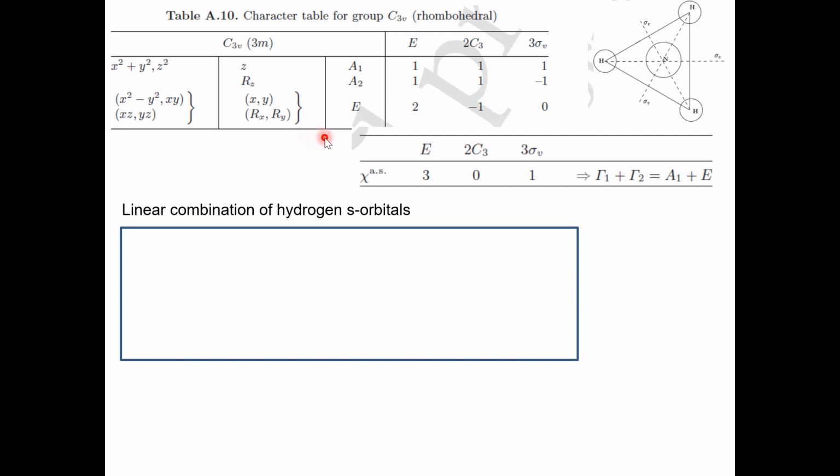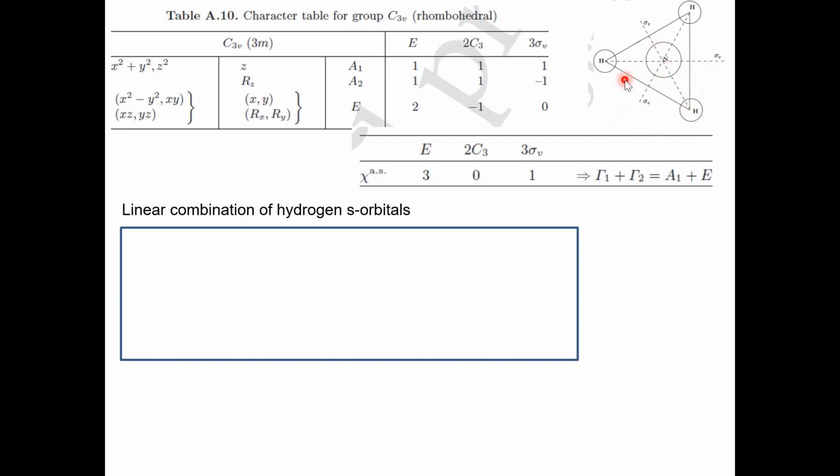And following the steps that we described last time, we start by constructing the equivalence representations and the characters of the equivalence representations, the atomic site characters. To do that, we just have to count. Initially we are starting just to consider the s orbitals in the hydrogens. This is important. We are going to deal with the nitrogen later.